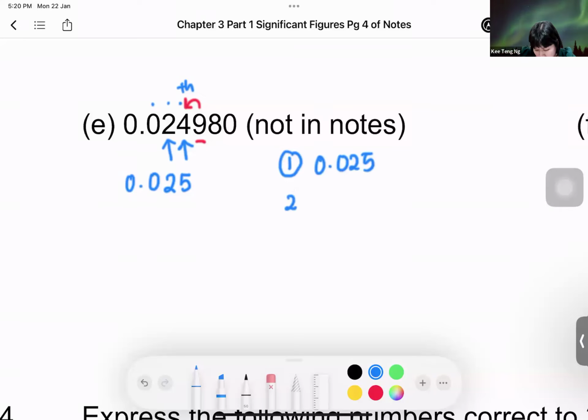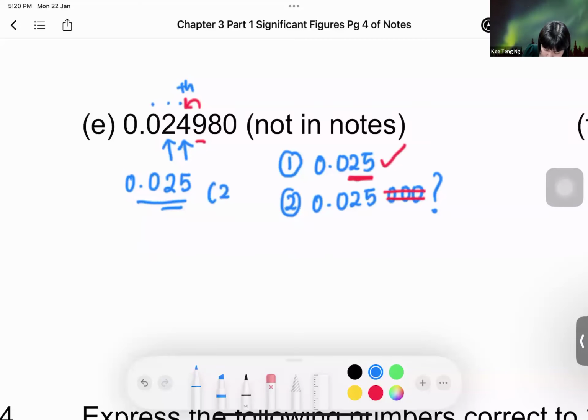Or should I write 0.025123? In this case, I do not need to write the additional decimal places at the back, right? Because I only need the first 2 sig fig. So this will be my correct answer. So the answer will be just this, 2SF.